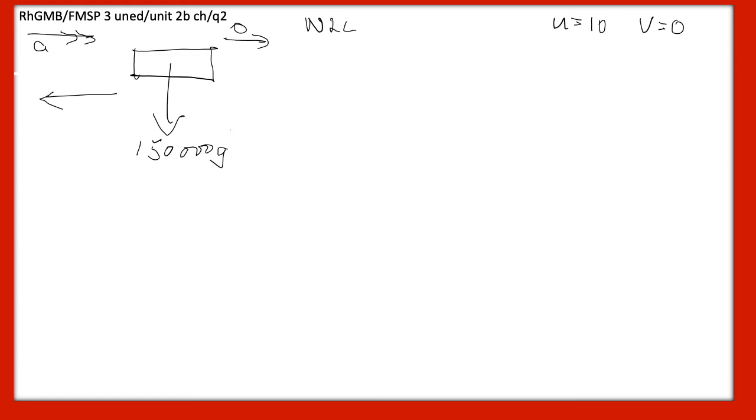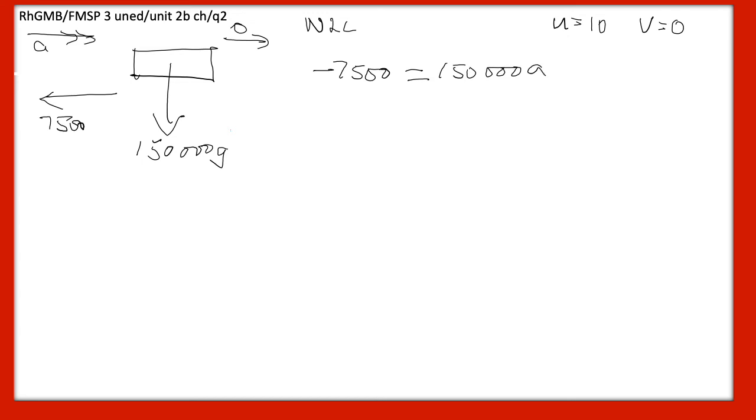I've got 2,000 for the train, 500 for the truck that's behaving itself, and 5,000 for the truck that wasn't behaving itself, which I think gives me 7,500 newtons acting back that way, no force acting forward. So looking at force equals mass times acceleration, I've got minus 7,500, because it's acting the wrong way, is going to equal 150,000 A.